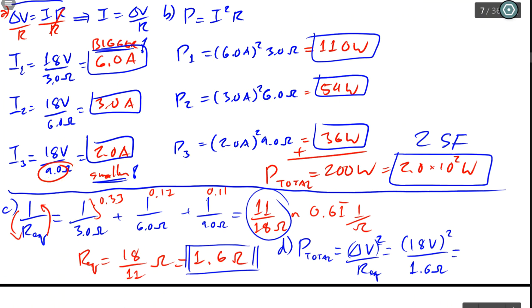And sure enough, 18 squared divided by 1.6 gives us 200. Close enough. Whoops, had some rounding error in there. And the units for power, by the way, are watts, or joules per second.